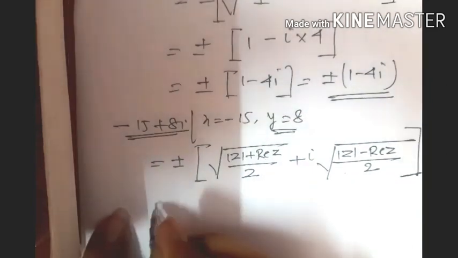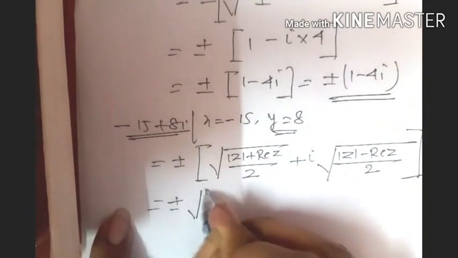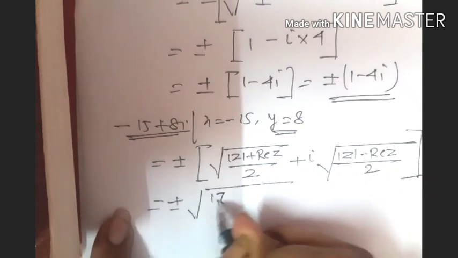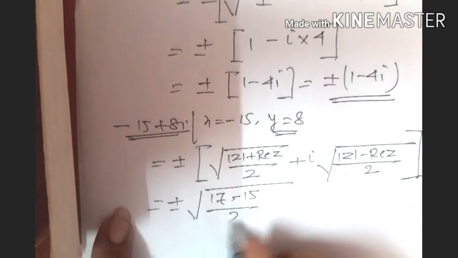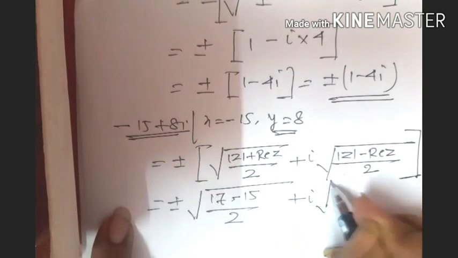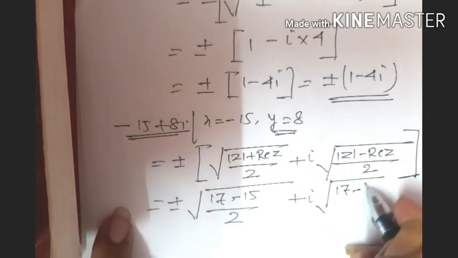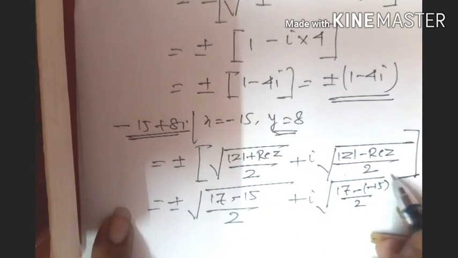So if you find out mod z, you will have 17, real part of z is minus 15, so root over (17 plus minus 15) by 2, again plus i root over (17 minus of minus 15) by 2.